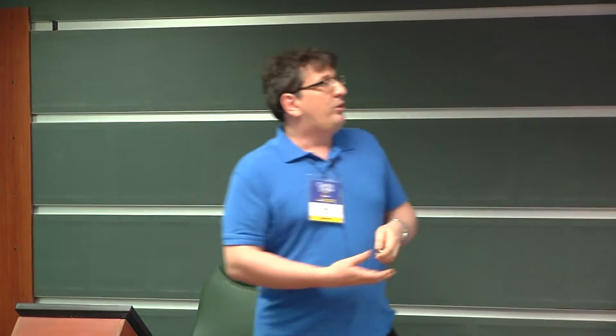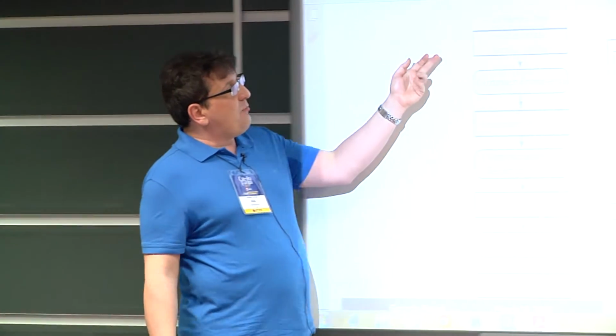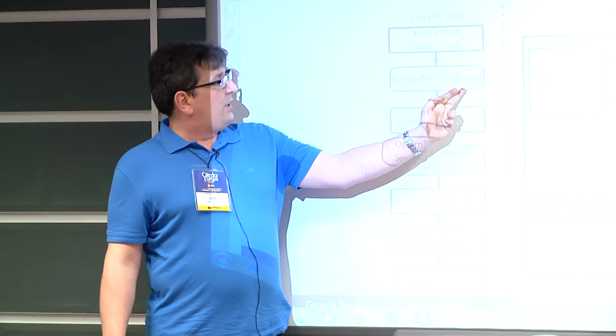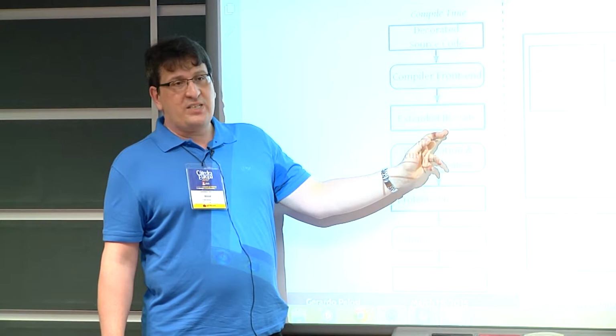Just to give you a conceptual model, in a compiler framework you have the source code and a compiler front end, which translates the source code into an intermediate representation.